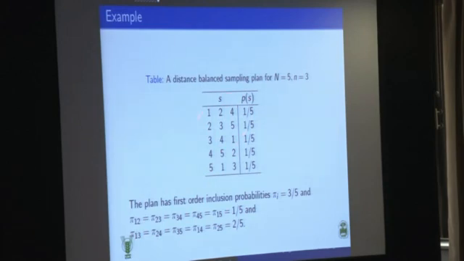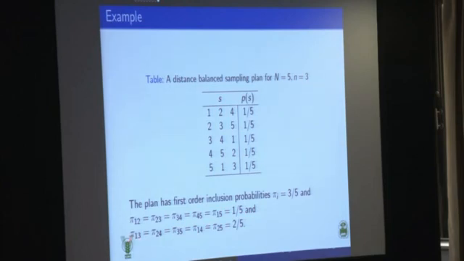You can see in this sampling plan, if you obtain the values of the inclusion probabilities, you will find that the first order inclusion probabilities are 3 upon 5, and the second order inclusion probabilities for all the pairs of units which are at distance 1, say 1,2 and 2,3, will be 1 by 5.